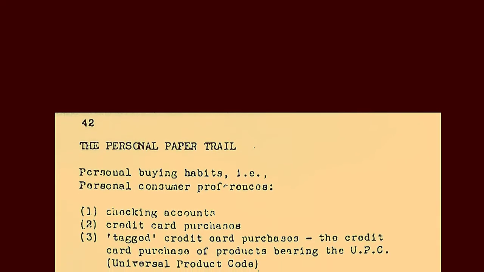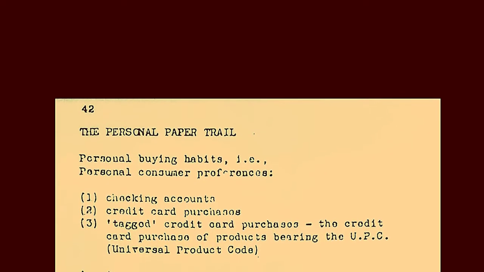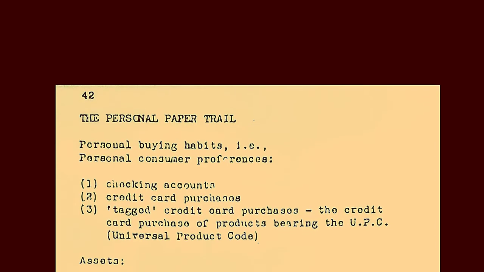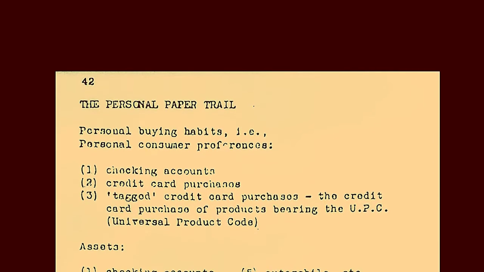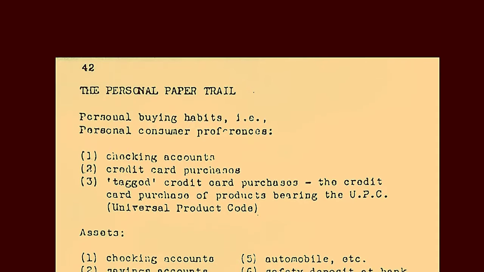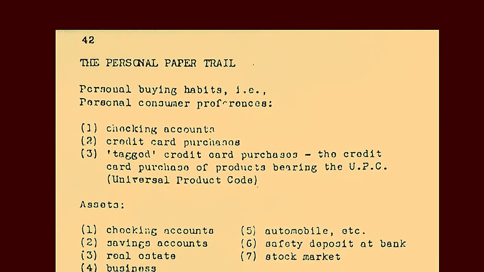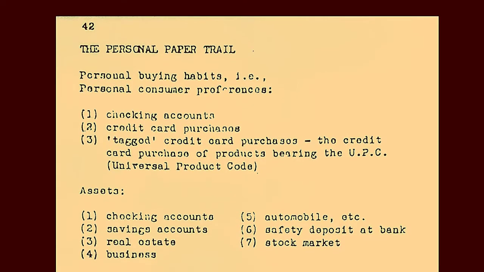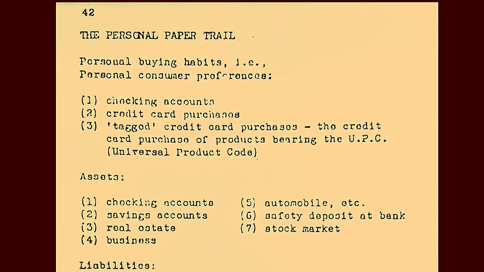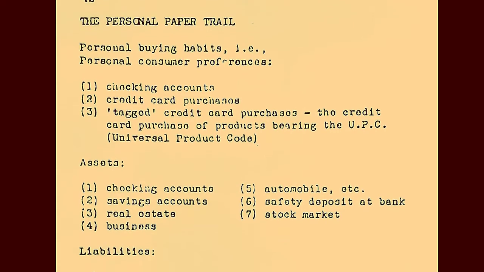The personal paper trail. Personal buying habits, etc. Personal consumer preferences. Checking accounts, credit card purchases, tagged credit card purchases with credit card purchase of product bearing the UPC, Universal Product Code.